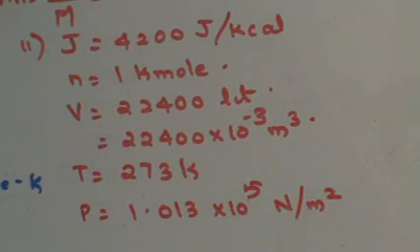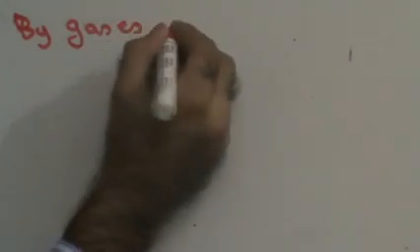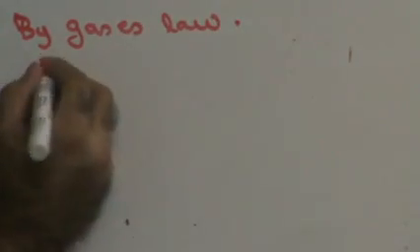NTP means normal temperature will be 273 Kelvin, normal pressure will be 1.013 into 10 raised to 5 newtons per meter square. They've asked me to find out the difference between molar specific heats. First of all, I can apply the gas law. If I apply the gas law, I can say PV is equal to nRT.